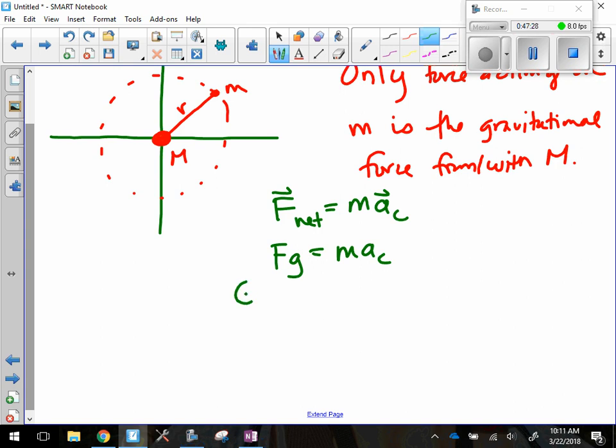And so that's going to be G big M little m over R squared. And because I know that I eventually want to work the period into this, I want to express a_c, the centripetal acceleration, in terms of omega. What's that? Sure.